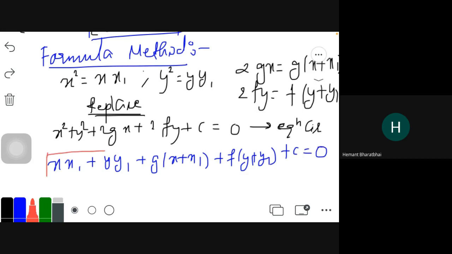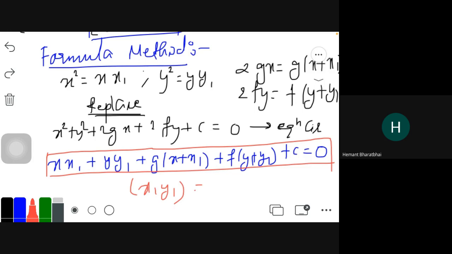So this will become the required equation of the tangent. And what is this x1, y1? x1, y1 is the point of contact. So this is a very easy method.